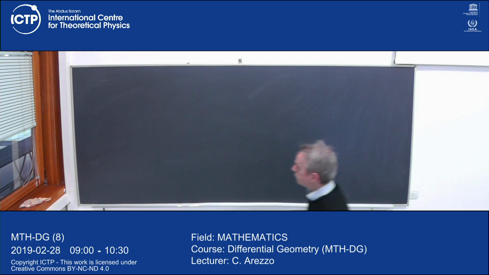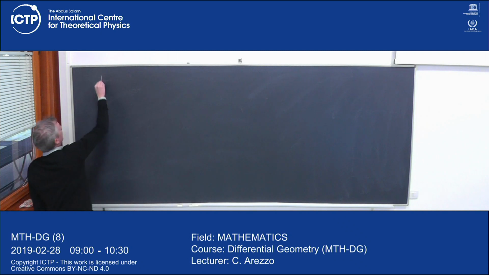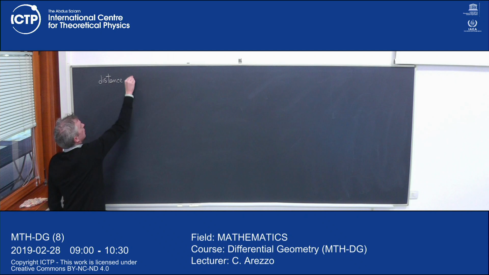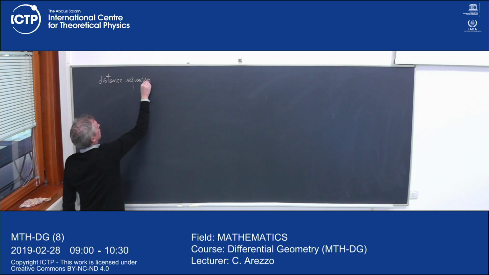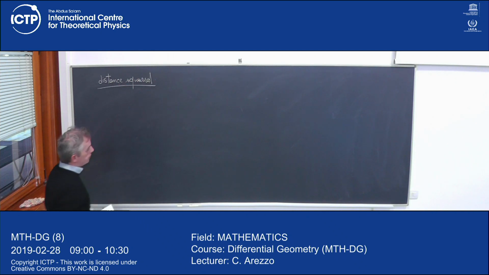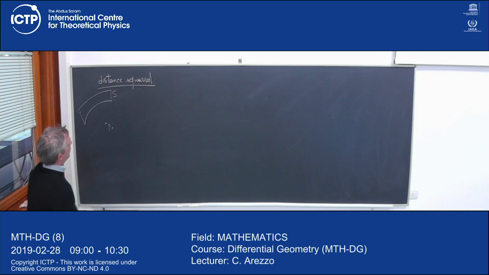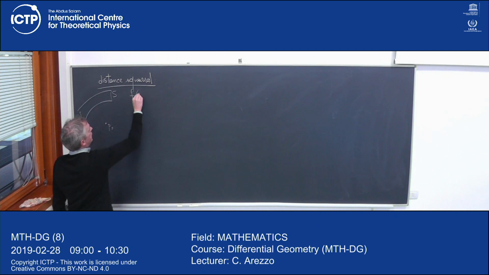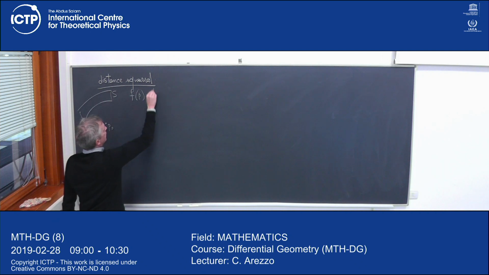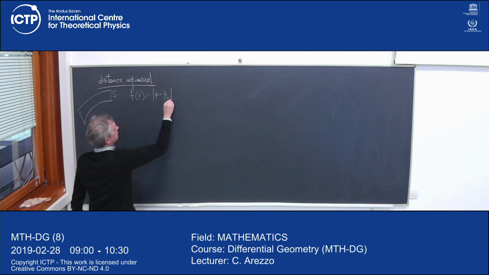Now, okay. So remember, what is the situation? We have a surface S, we have a point, and now let me draw it a bit, P naught, and we are taking the function f of P from S to R to be the norm of P minus P naught squared.